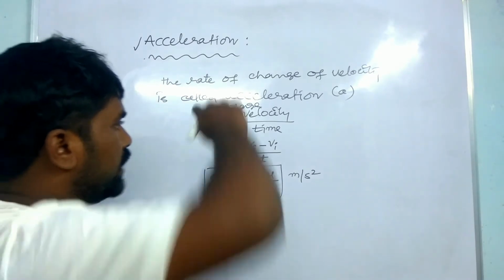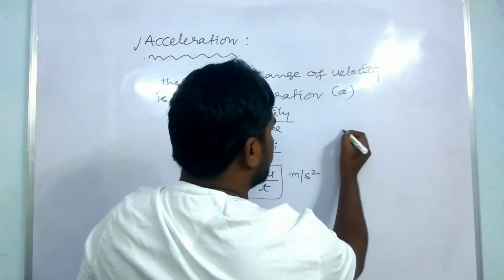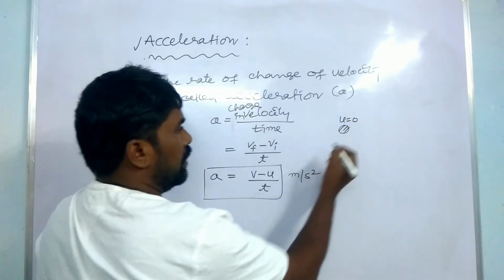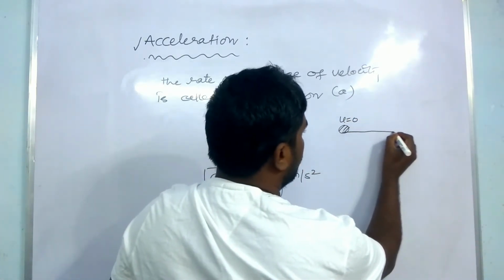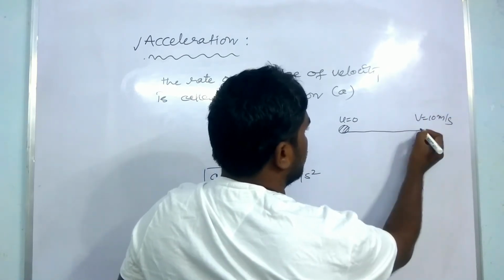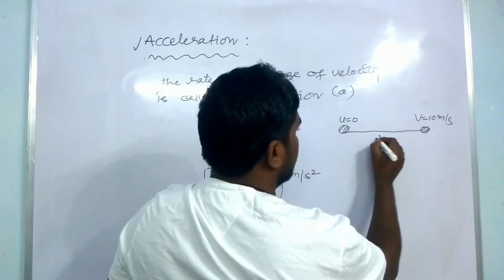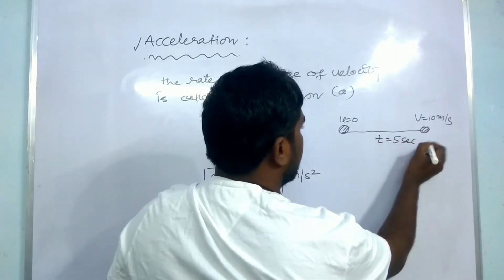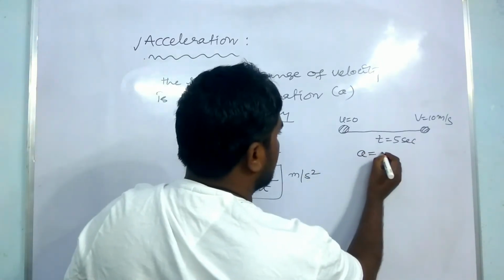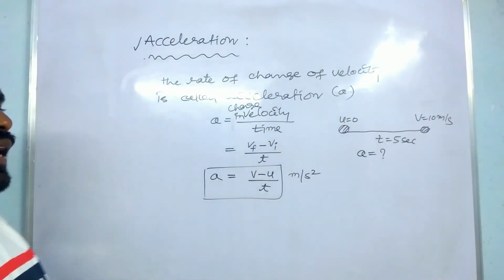For example, if a body is initially at rest, and after some time it moves with a velocity of 10 meter per second in a time of 5 seconds, then find the acceleration.